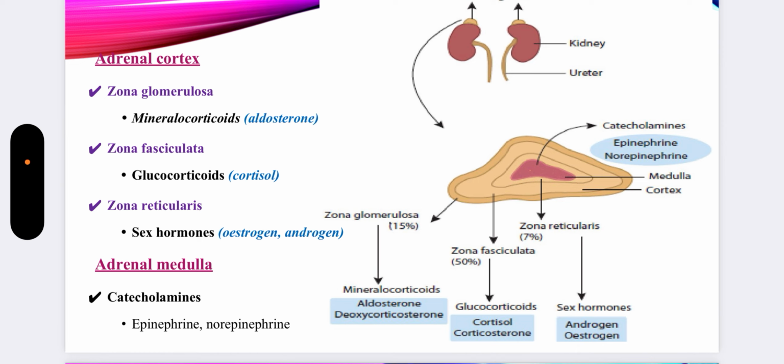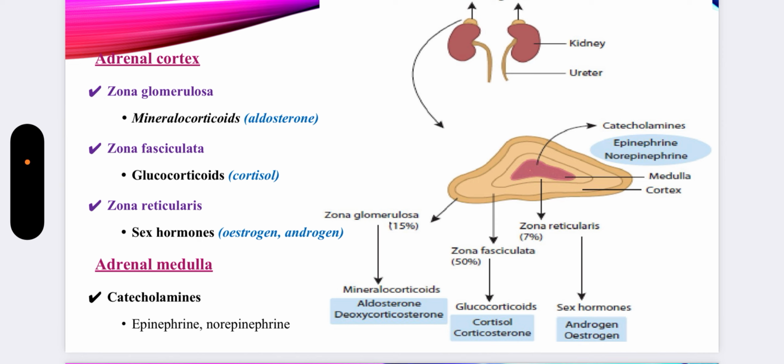From outwards to inwards, the adrenal cortex has 3 zones basically: zona glomerulosa, zona fasciculata and zona reticularis. Zona glomerulosa mainly secretes mineralocorticoids. Fasciculata secretes glucocorticoids, whereas zona reticularis secretes sex hormones.